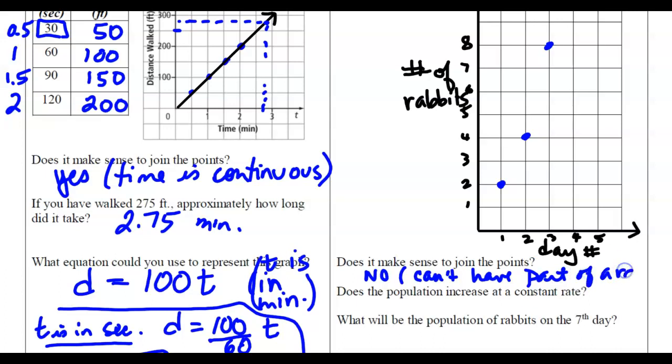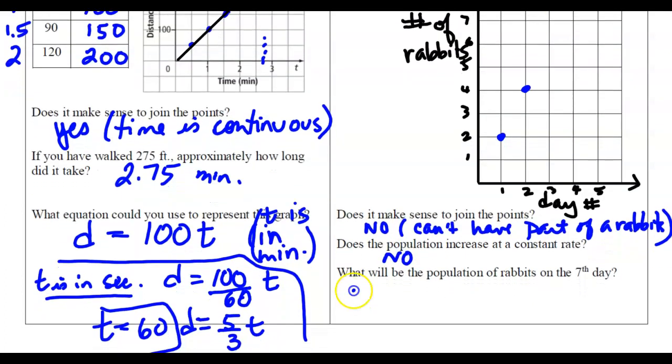So we just decided that we were multiplying by 2 each time, and it didn't form a straight line. So is the population increasing at a constant rate then? All the previous ones were straight line and they were constant. So this is not. So on the 7th day, what did we just say?